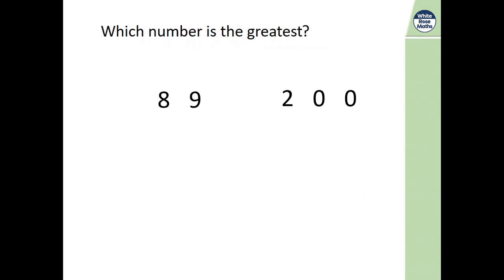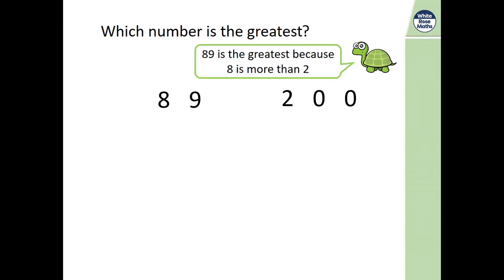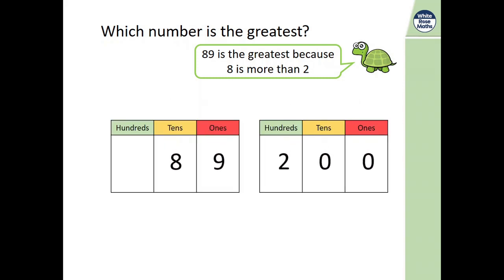Now, what about this one? Which number is the greatest here? Oh, we've got Tiny Turtle, and he's saying 89 is the greatest because 8 is more than 2. What do you think? Let's have a look a bit closer. Put the numbers into the hundreds, tens and ones grids.